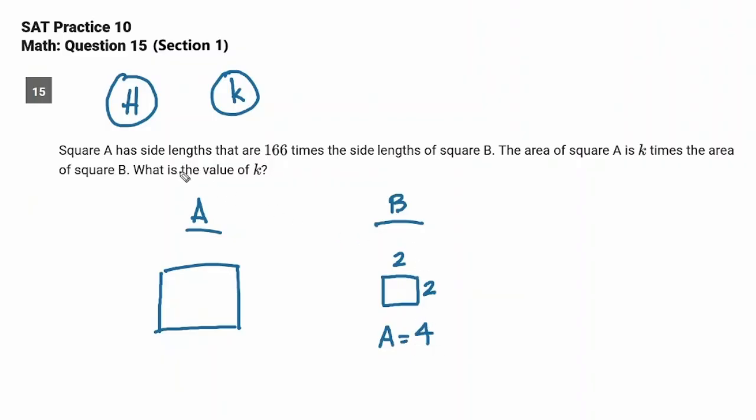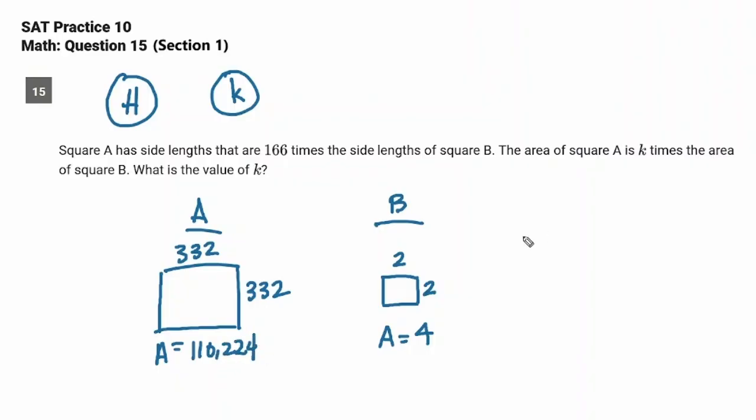Alright, square A has lengths that are 166 times the side lengths of square B. So what are the sides of square A? You're going to multiply 166 times 2. You're going to get 332. That's one side of square A. How do you find the area? Multiply 332 times 332. And you get the area, it's 110,224.